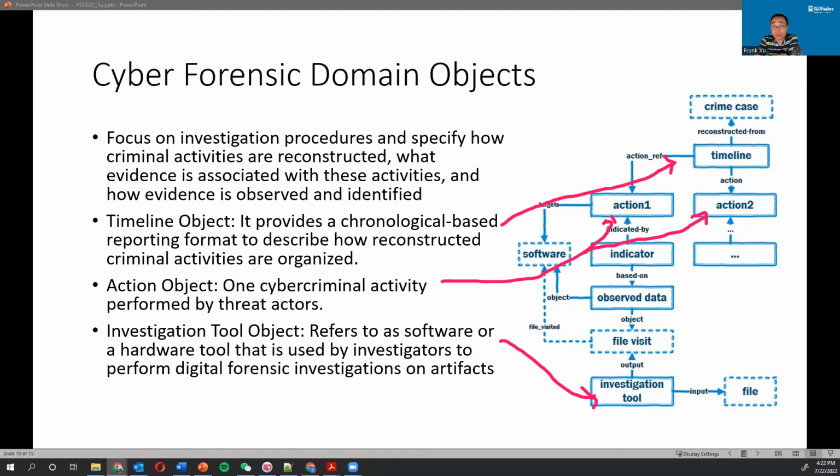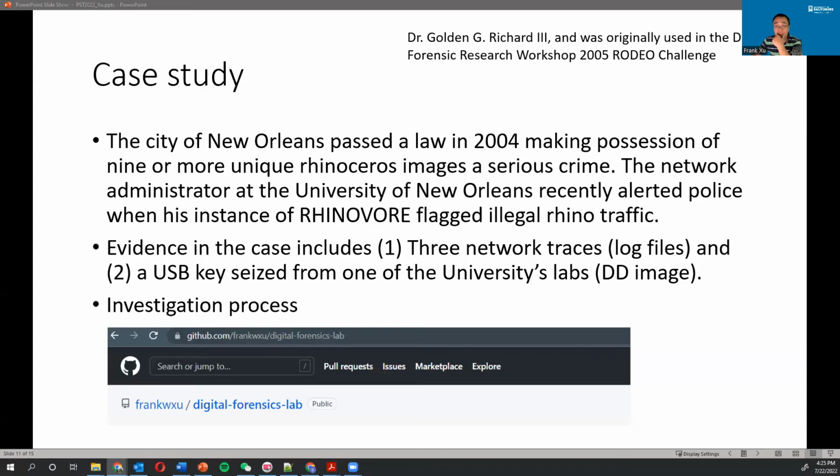It refers to a software or hardware tool that is used by the investigators to perform digital forensic investigation on artifacts. Indicate object defines a pattern that can be used to detect suspicious or malicious cyber activities.